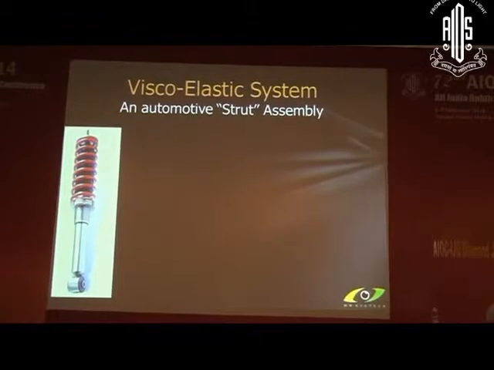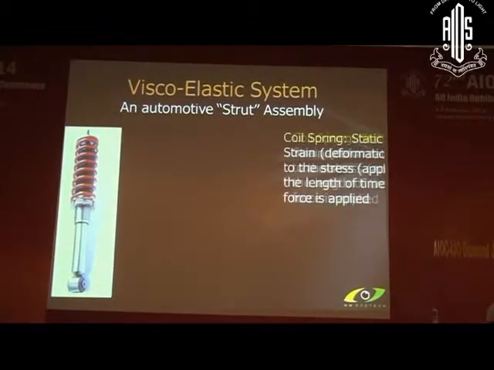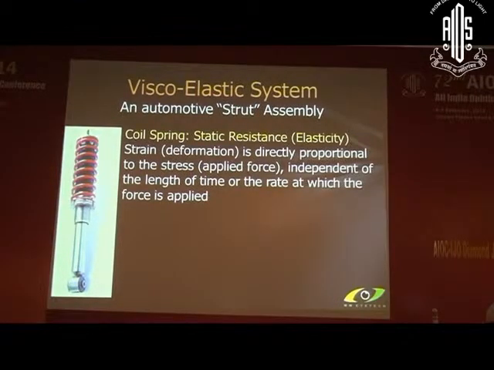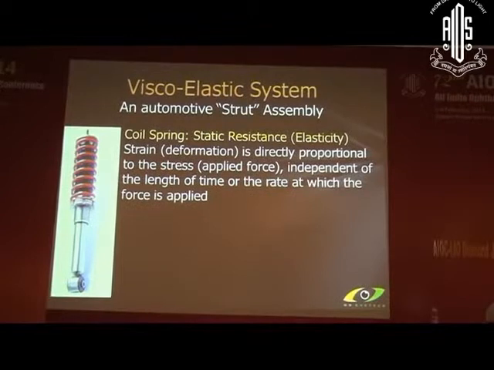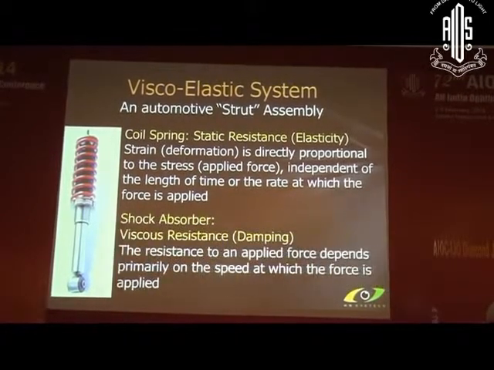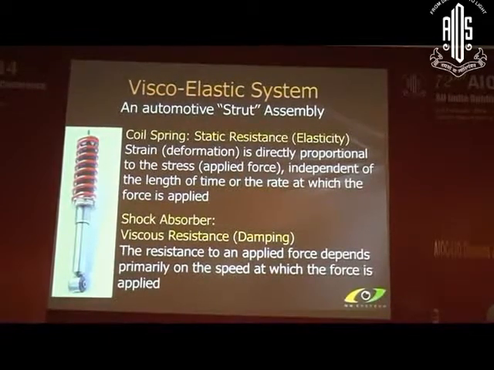Some more concepts. Again, we're talking about the cornea here. Now the cornea is like an automobile strut assembly which has a spring, and it has what we call the viscous damping effect, or it has the shock absorber at the bottom here. Now a spring is a device where if you compress this spring or you elongate the spring, it doesn't matter for how long you hold it or how speedily you do it.